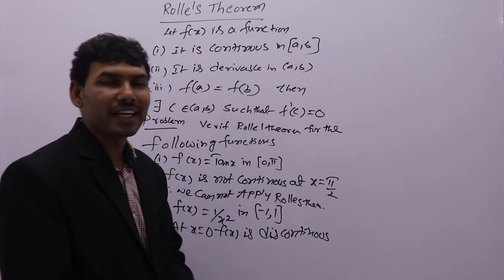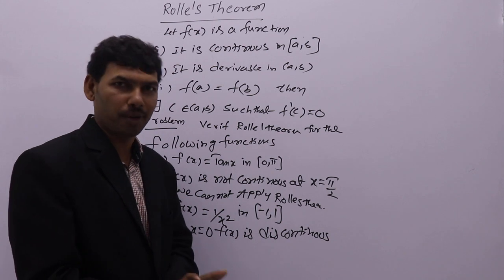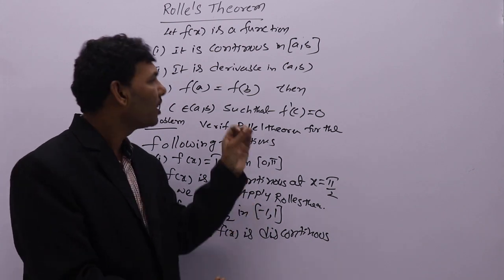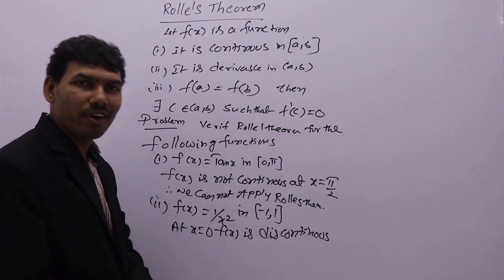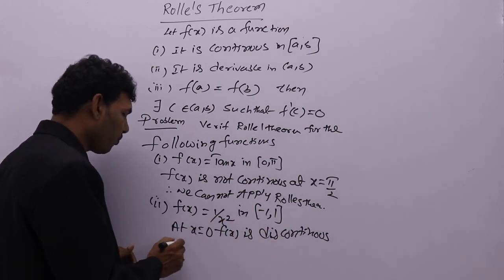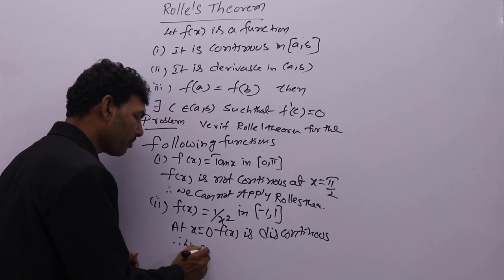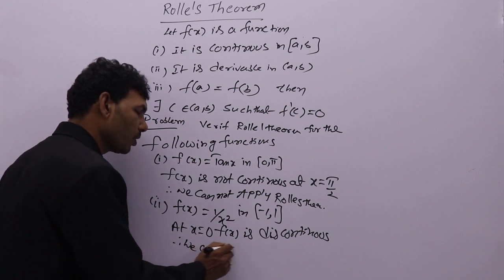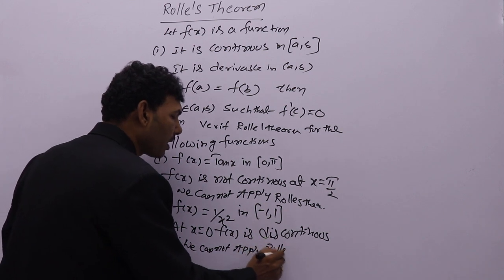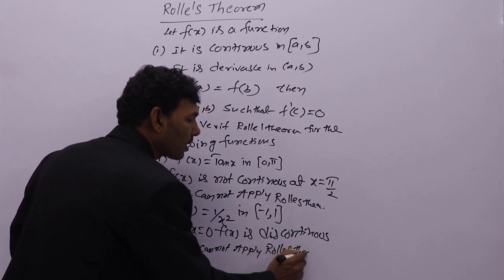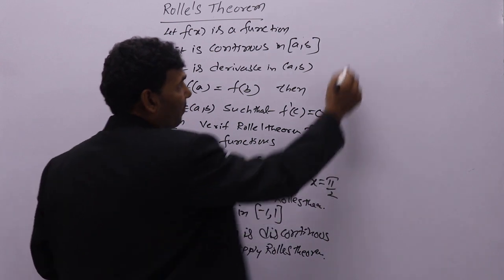Wherever you get infinity, that function is discontinuous. Simply. That is one small technique without using the actual formula. So at x equal to 0, f of x is discontinuous. Therefore, again, we cannot apply Rolle's theorem for the given function in the given interval.